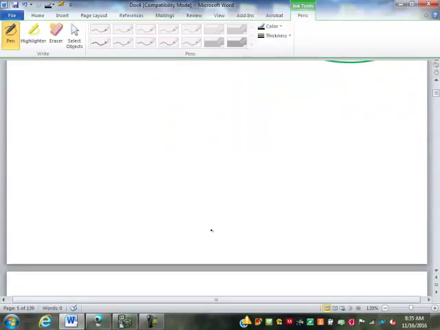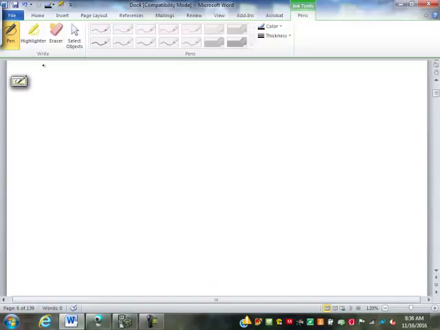Okay, well, what we're going to look at today, for those of you in automotive, this should be a little bit of a review. Resistor color code.